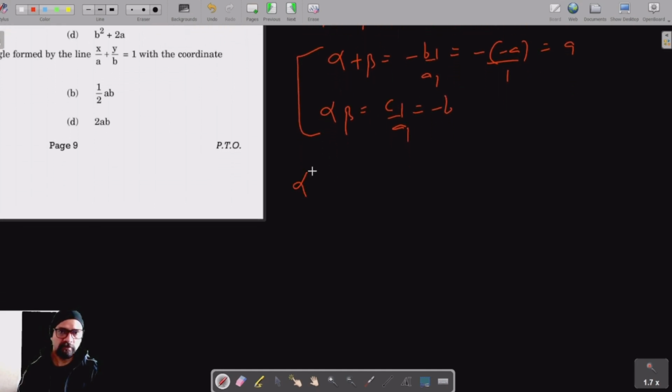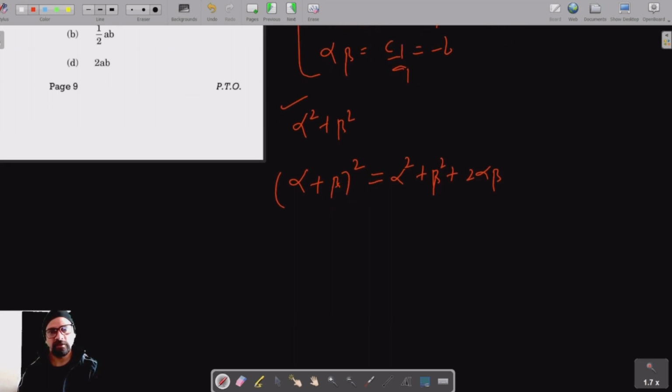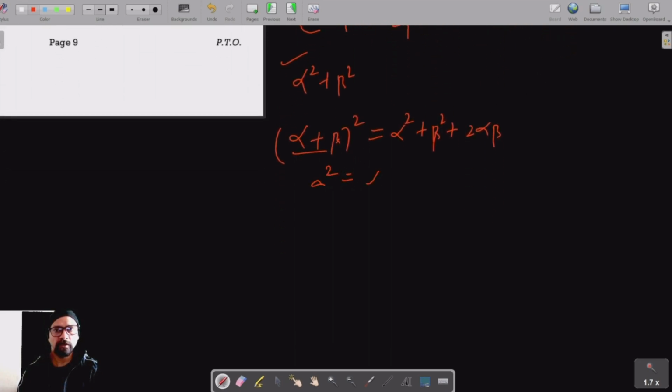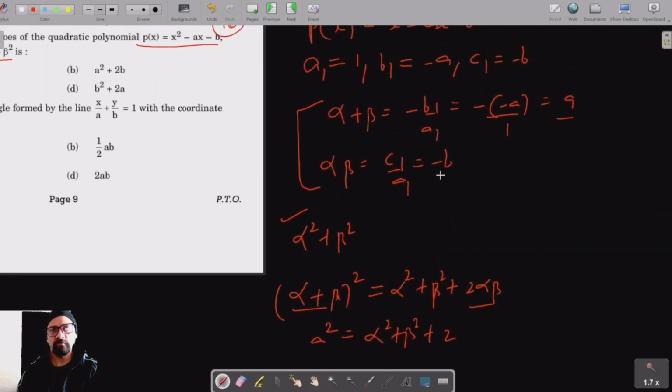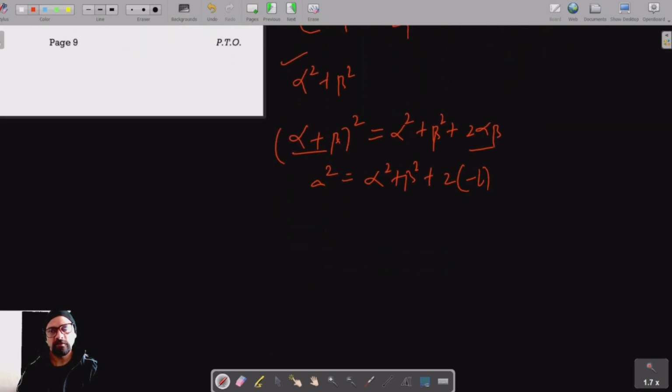Now we have to find the value of alpha square plus beta square, and this we can get from the formula alpha plus beta the whole square, which is equal to alpha square plus beta square plus 2 alpha beta. Now let's replace the respective values. So alpha plus beta is a, so a square, and alpha square plus beta square be as it is, and 2 into alpha beta is negative b.